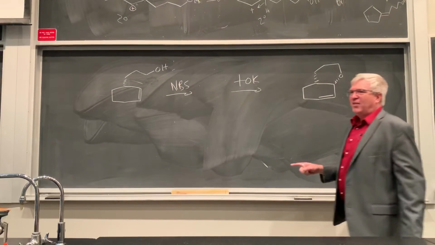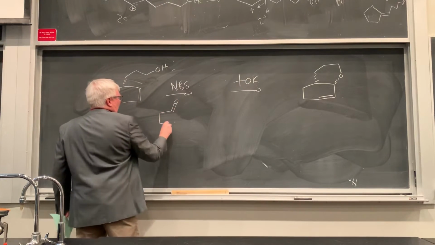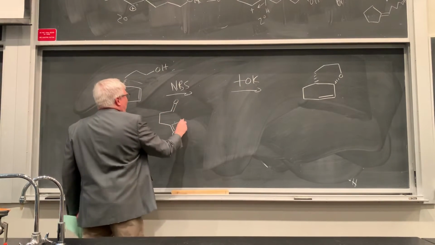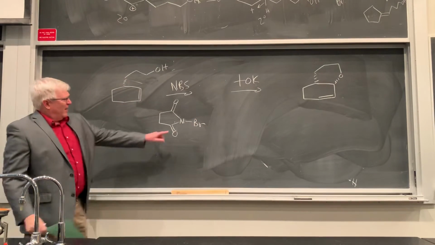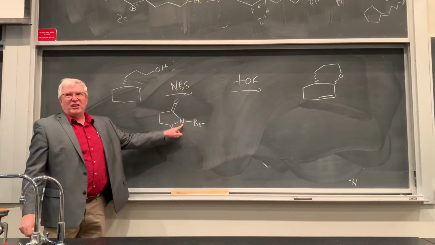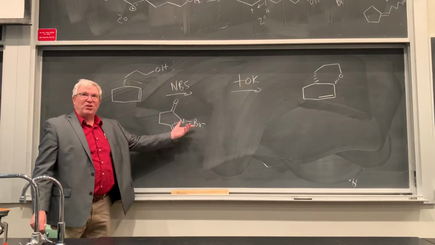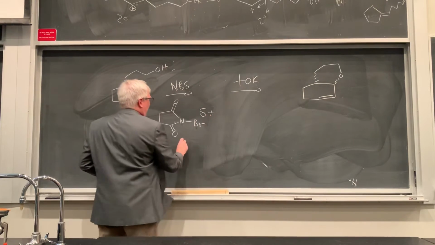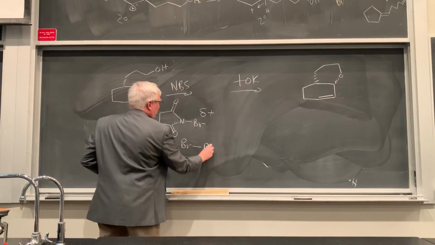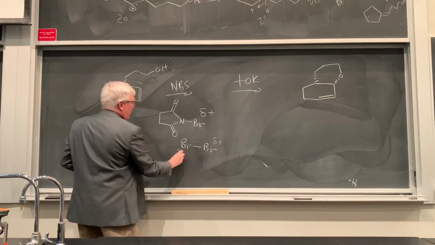What is NBS? That's the first thing to remember. N-bromosuccinimide. I don't expect you to remember that or how to name succinimides. We haven't done that. But the bromine is on the nitrogen here. So this bromine is what? Charge or partial charge. It's partially positively charged. You can think of this just like bromine, where you have the partial positive end and the partial negative end.